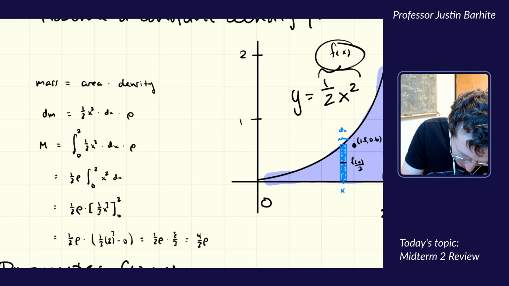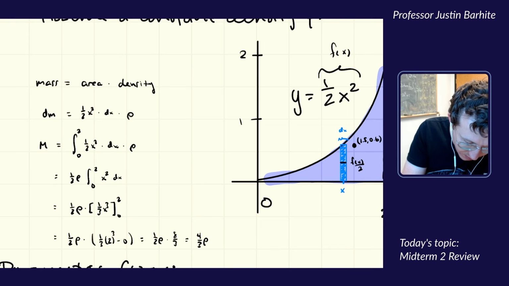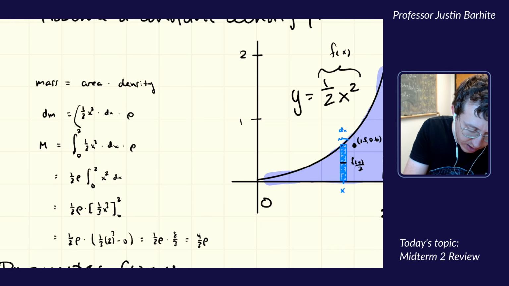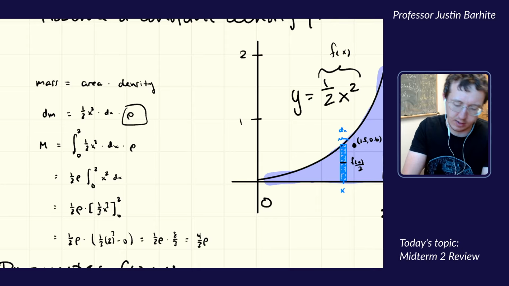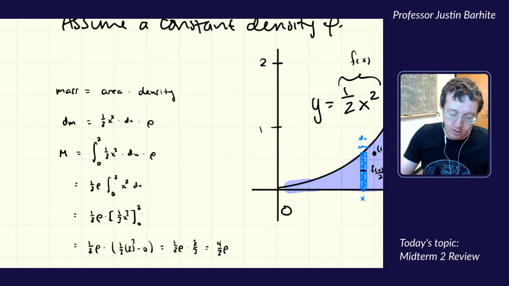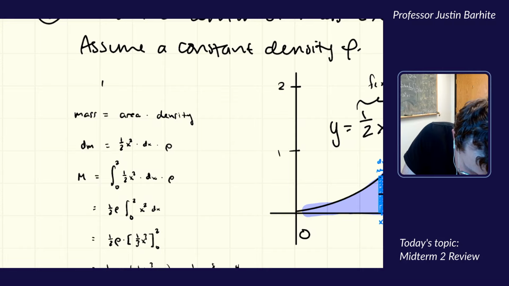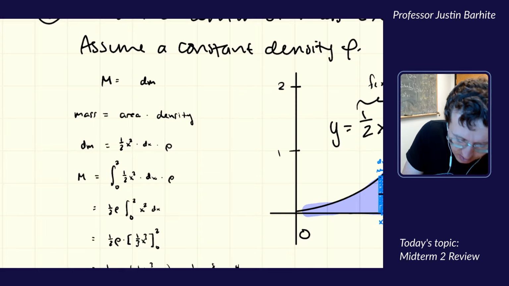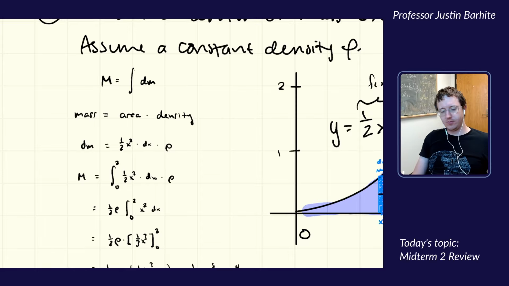So I did the height, 1/2 x squared, times the width, dx. Together that makes the area, and I multiplied that by the density. That was dm. And then the way you find the total mass is you look at the masses of all the little pieces and you add them up. So capital M is the integral of dm.